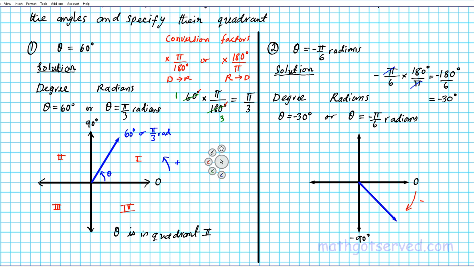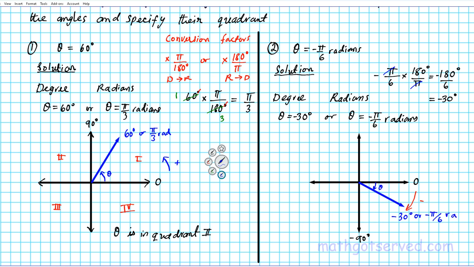Halfway is negative 45, and negative 45 is smaller than negative 30, so back up a little bit more. So around there, that's where our terminal side is. So this is theta.